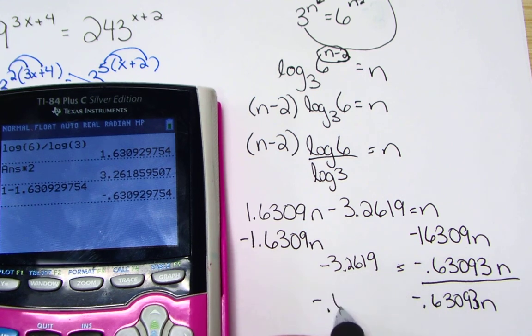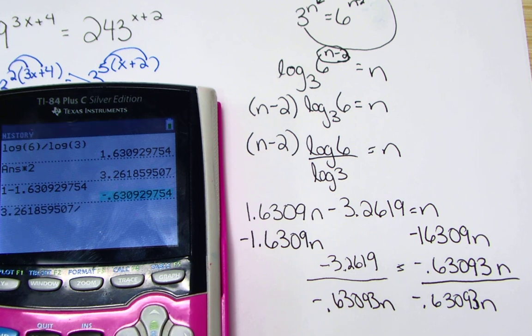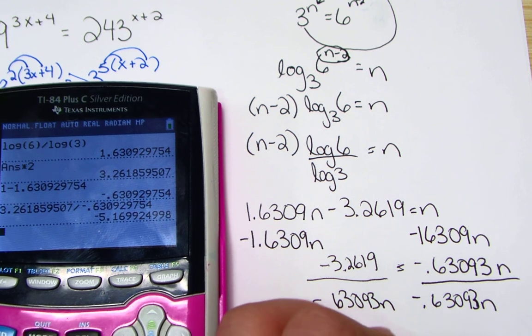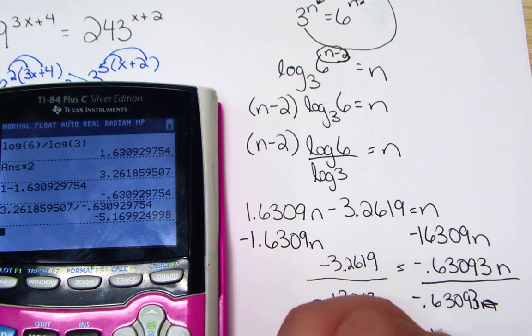If you're worried about being able to call up these numbers, you can always just write the entire number you see on your calculator and retype that in to make sure that you're not going to get a rounding error. So we have 3.26 divided by, so my answer is n is equal to negative 5.1699.